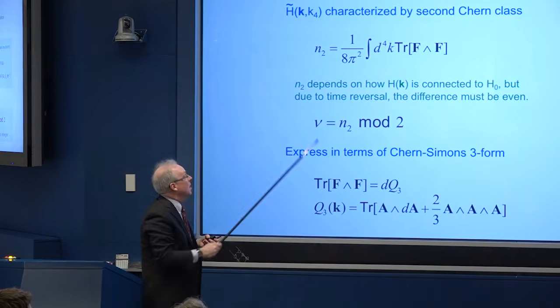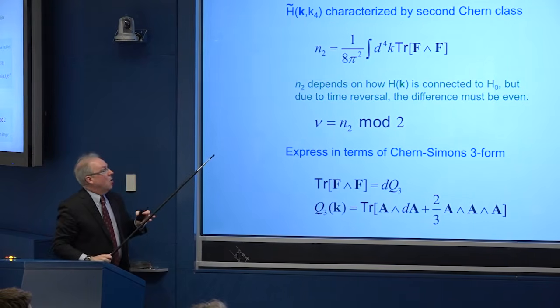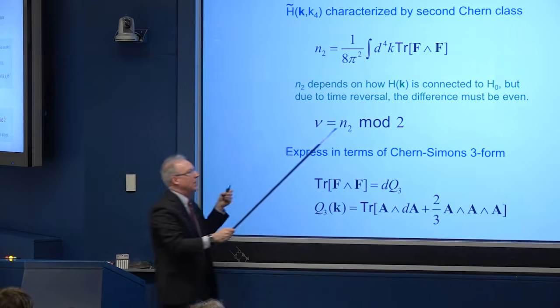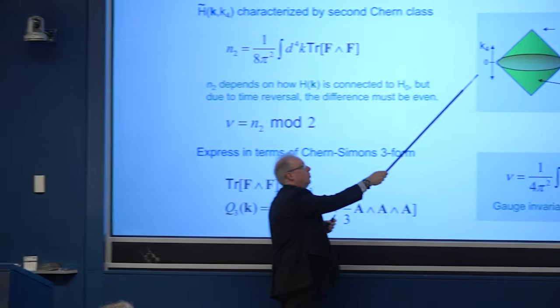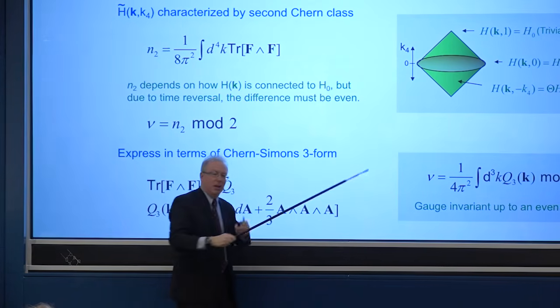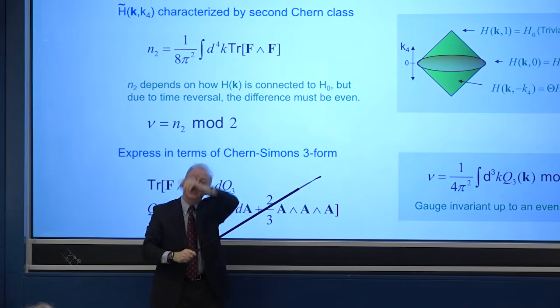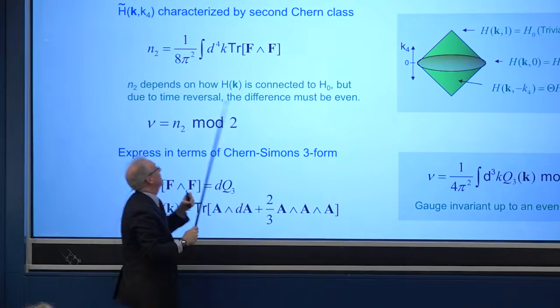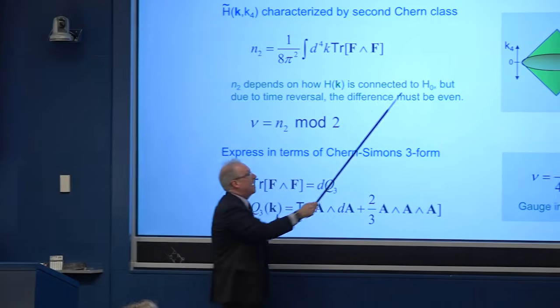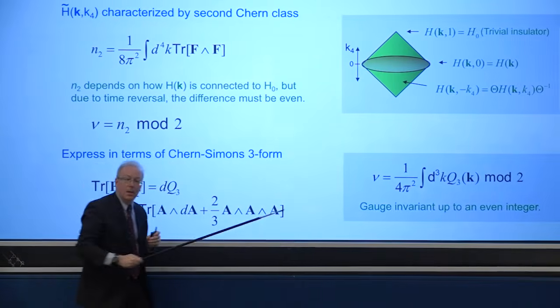Okay. Now, of course, this integer might depend on exactly what process I use to smoothly connect my topological insulator to the trivial one. So I could do it in different ways, and I might get different answers for what that integer is. But I have to do it the same way on the top and the bottom.